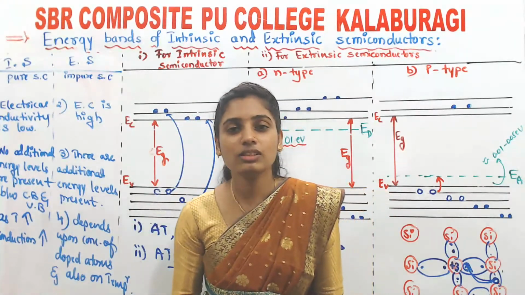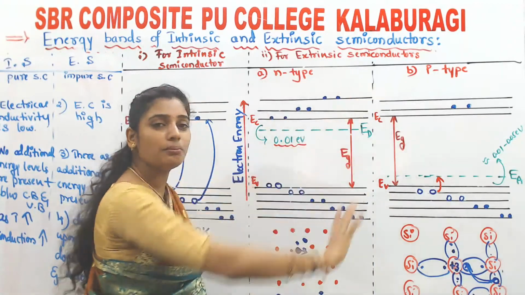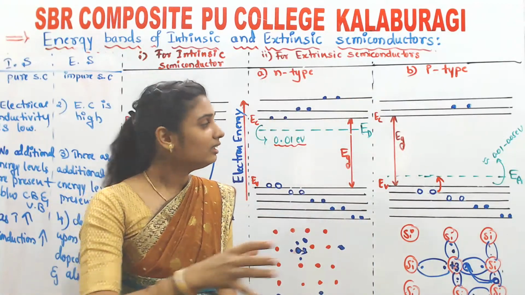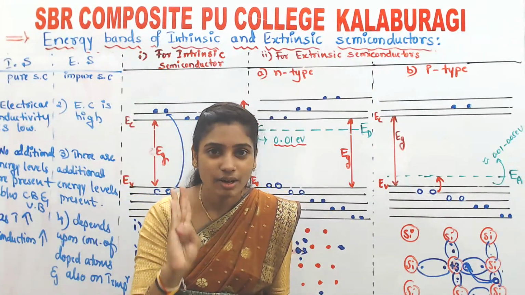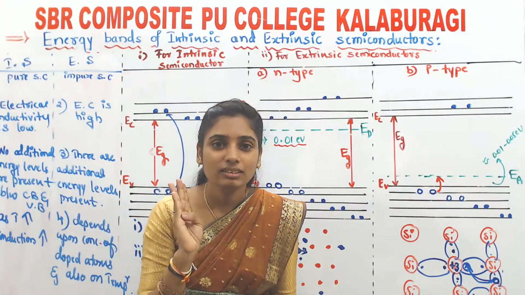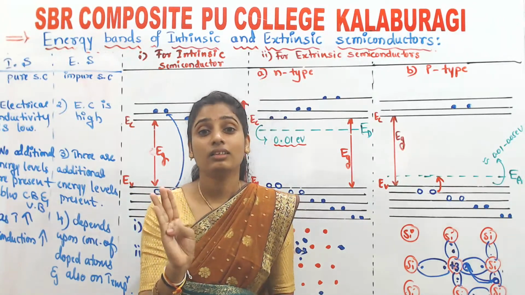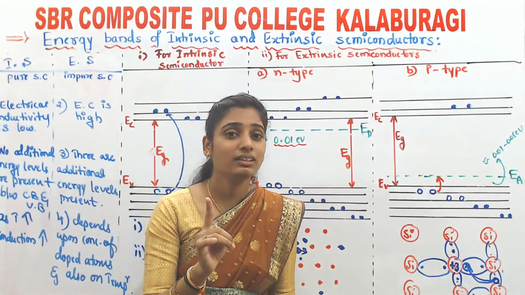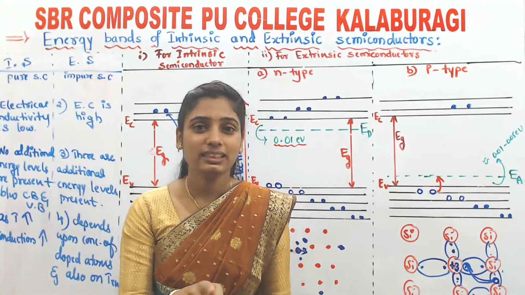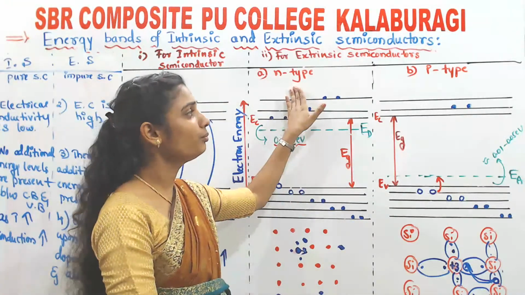So now we have to study the difference between the n-type and p-type extrinsic semiconductor. The first thing is, n-type semiconductors are obtained when an intrinsic tetravalent semiconductor is doped with pentavalent atoms.